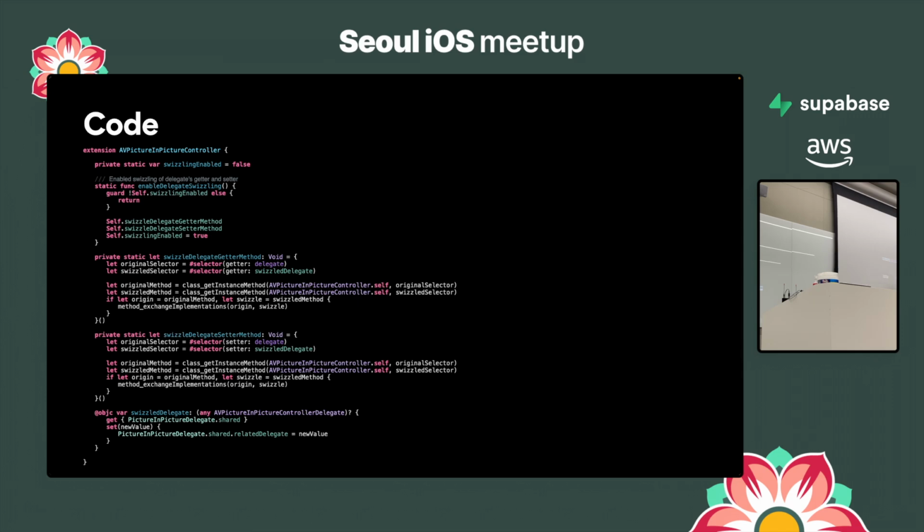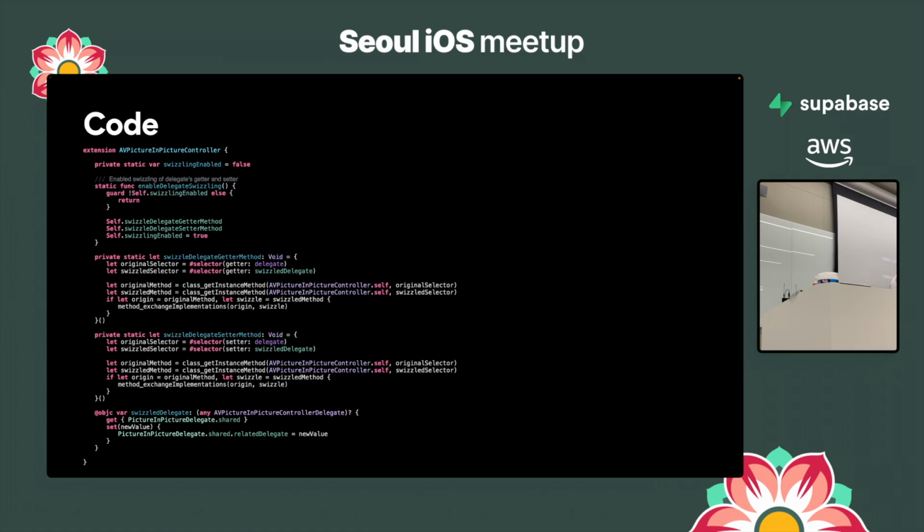In this case, it's an Objective-C property. Then you just get an instance method for your original selector and the swizzle selector, and you call this very C-looking method_exchangeImplementations, where you exchange the original with your swizzle. And that's pretty much it.